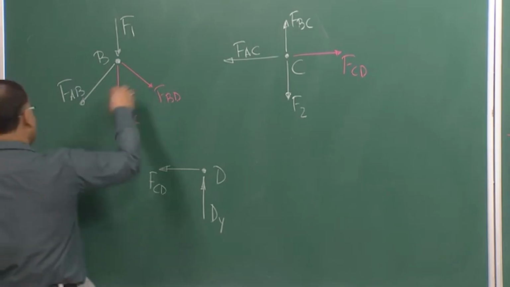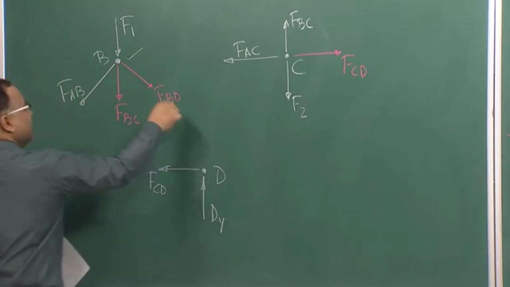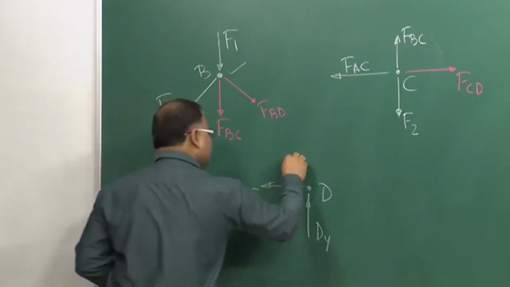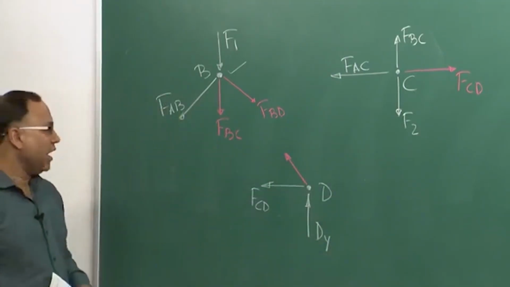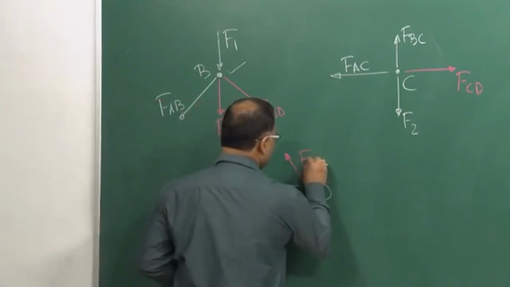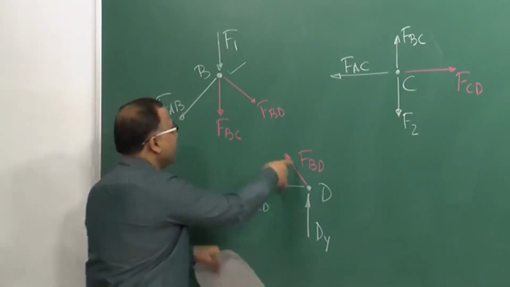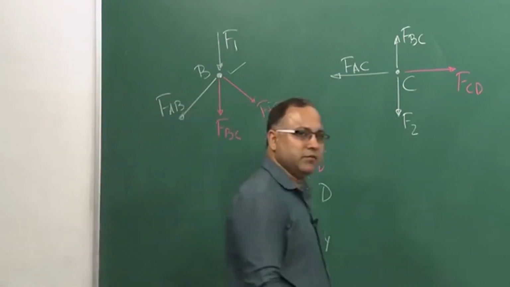When we considered joint B, you calculated BD also. But anyway, for the sake of a check, you can consider joint D and find BD again, and you will see you get the same value as when you considered joint B.